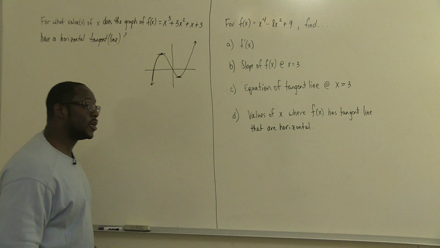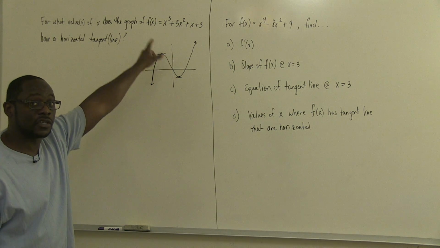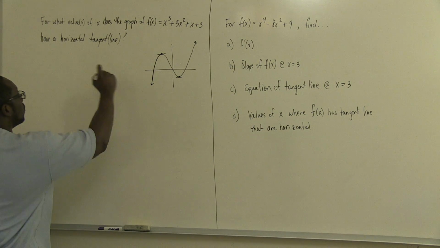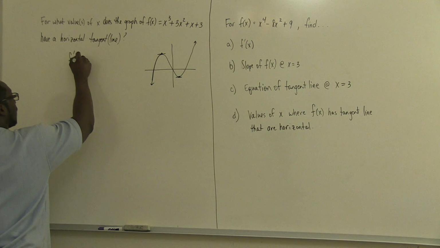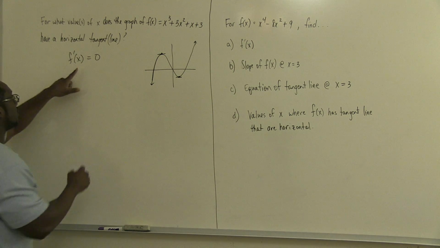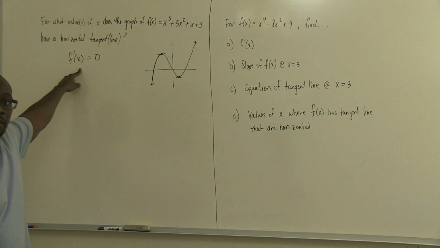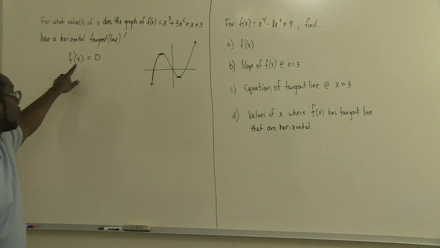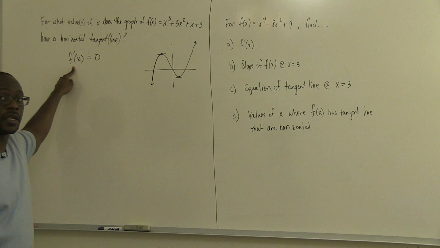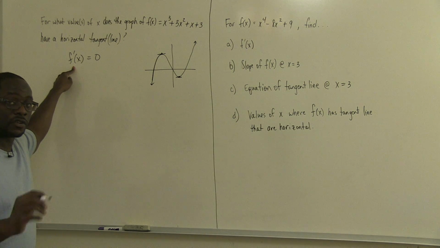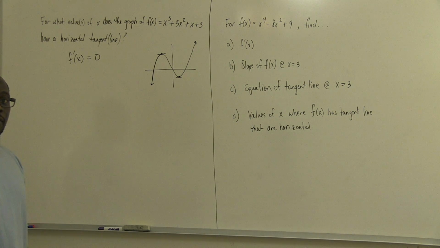So essentially, what that's communicating to us is that we want to figure out for what values of x solves this particular equation, because one of the interpretations for the derivative of a function is the slope of the tangent line at the various points that that particular graph has.